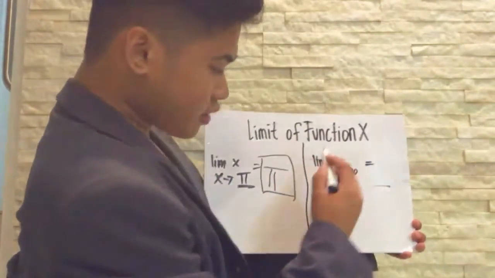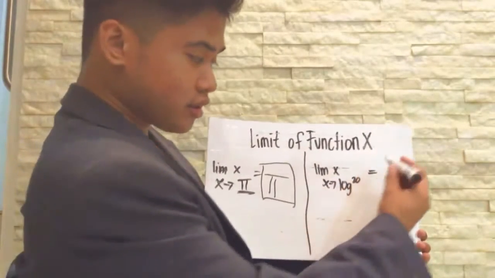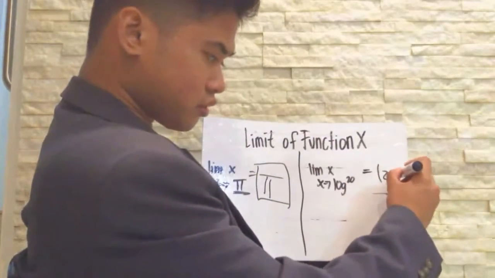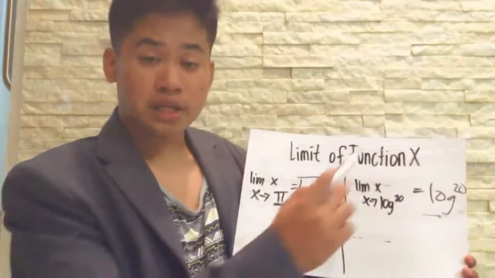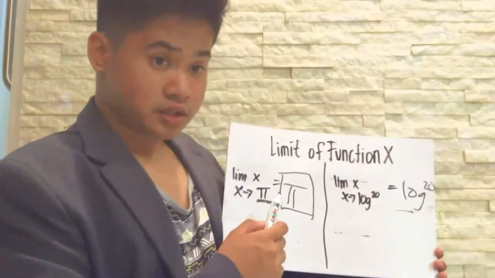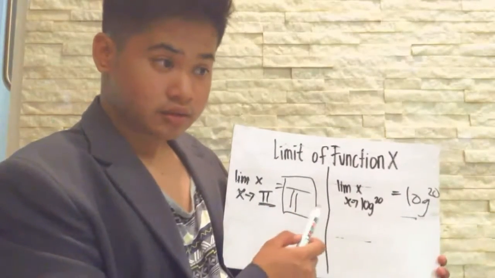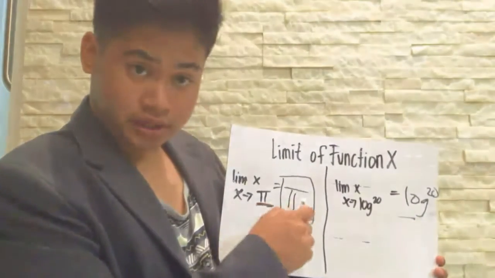Just like the first one, limit of x as x approaches log raised to 20 is equal to log raised to 20, to satisfy the rule that the given constant is equal to the constant.